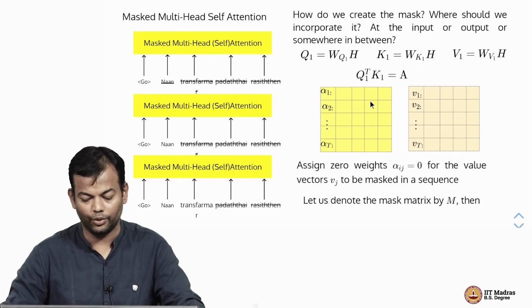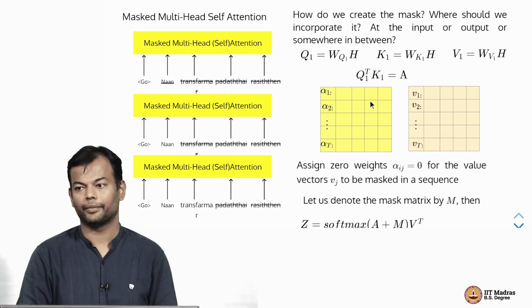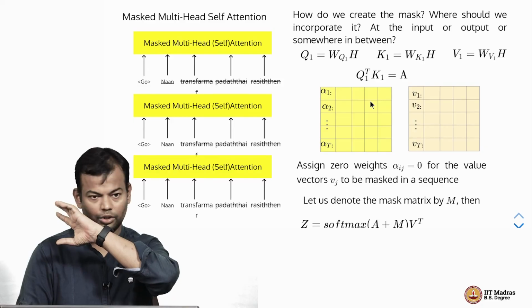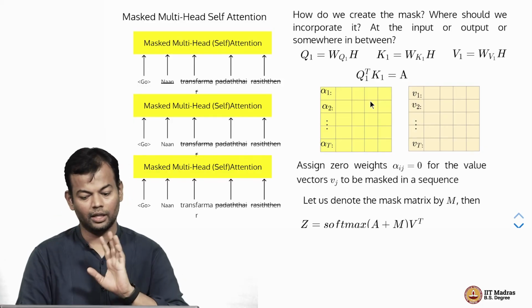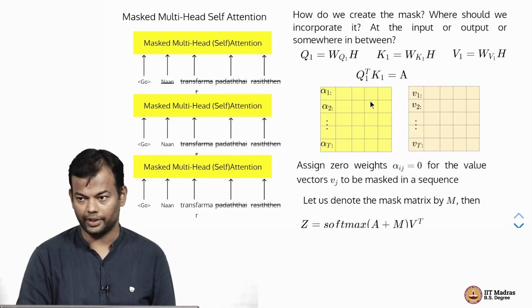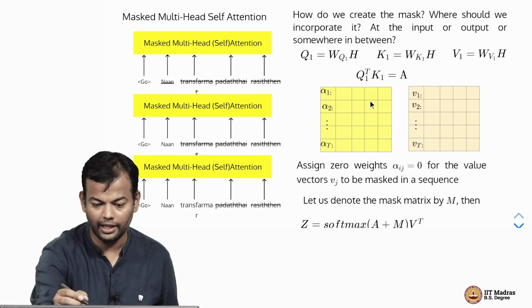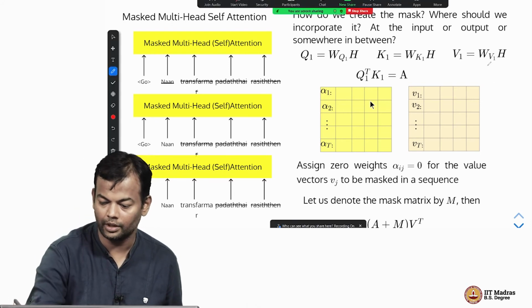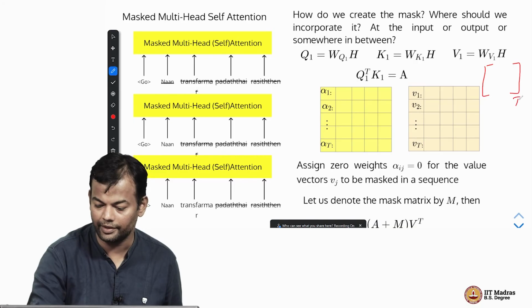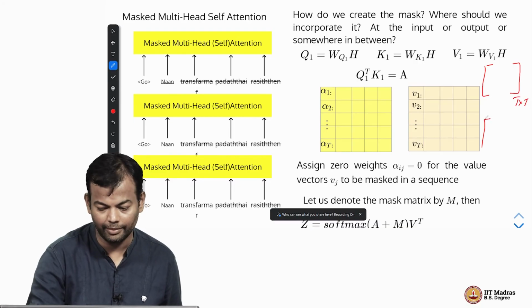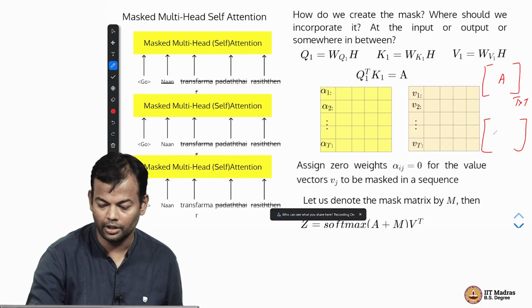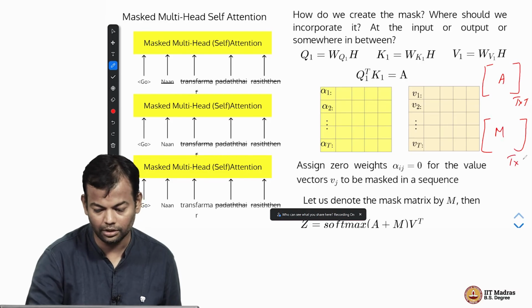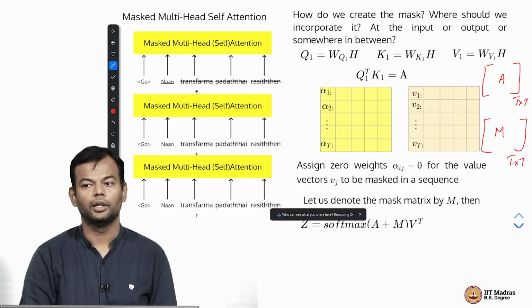So what I am going to do is the following. What was A? A was Q transpose K. I have added a matrix to it. Remember that A in this case is a T cross T matrix. So if I am adding a matrix M to it, the matrix M should also be a T cross T. Okay, fine. And what should the entries in the matrix M be?